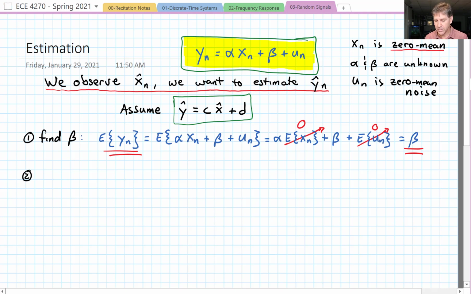Step two. We need to place some constraints to decide what is a good estimator. The first constraint is that we want an unbiased estimator.